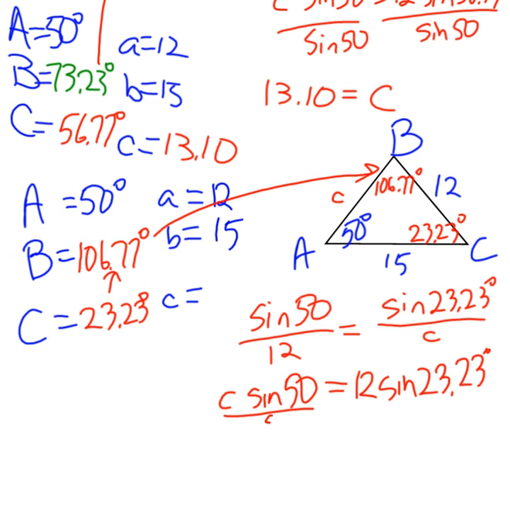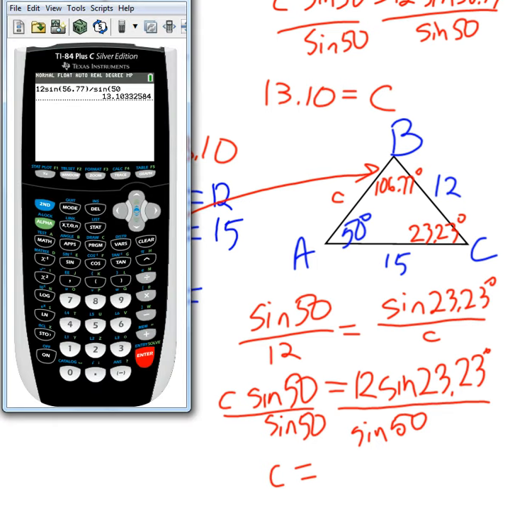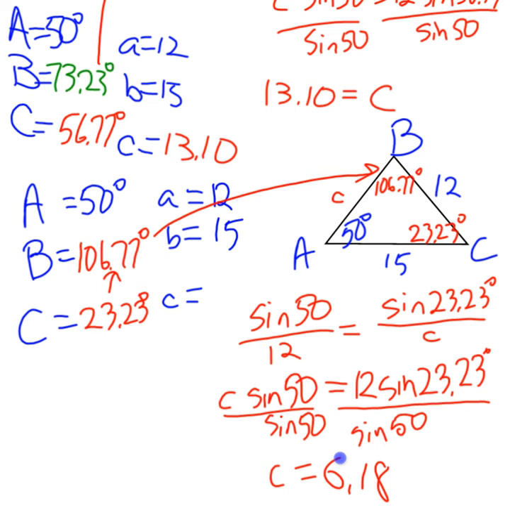Dividing both sides by the sine of 50, I get c equals 12 sine 23.23. Don't forget to close your parentheses. Divided by the sine of 50. And I get 6.18, rounded to 2 decimal places. So that third side is 6.18.